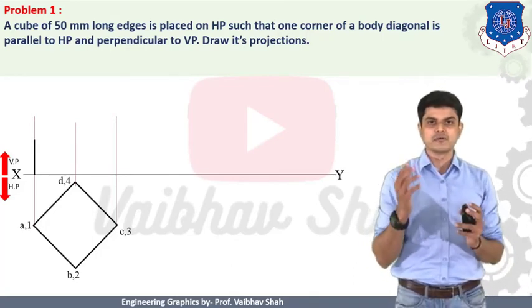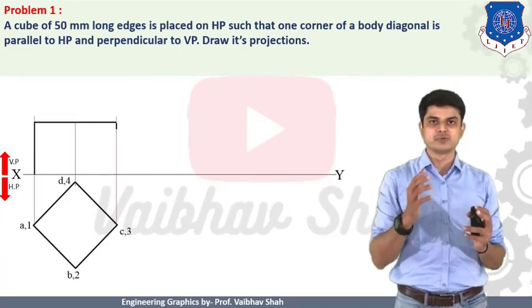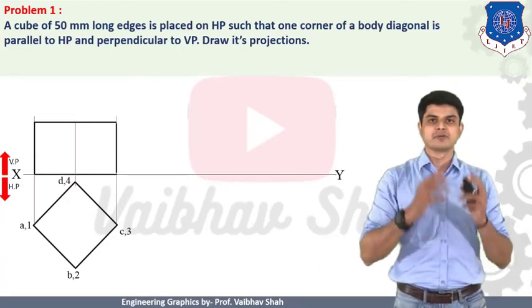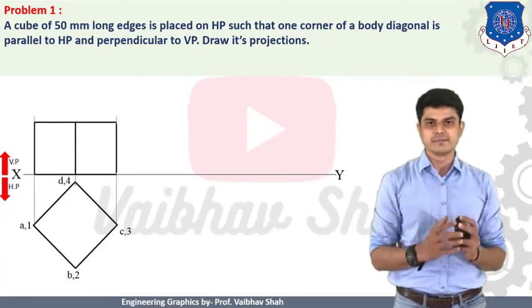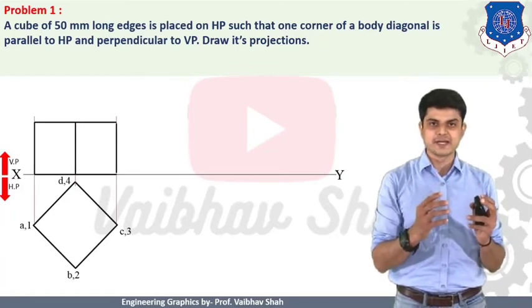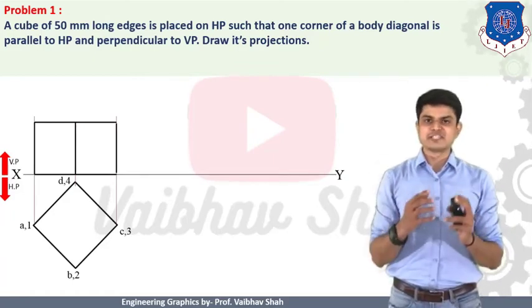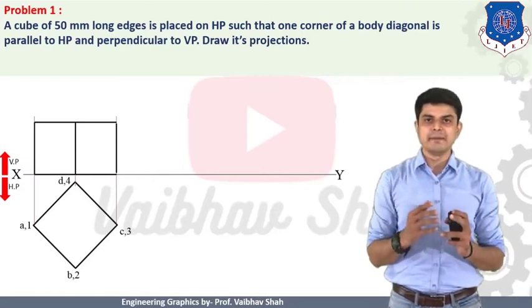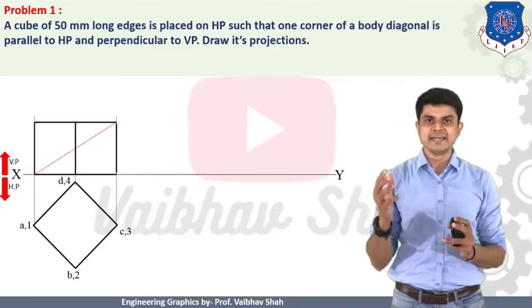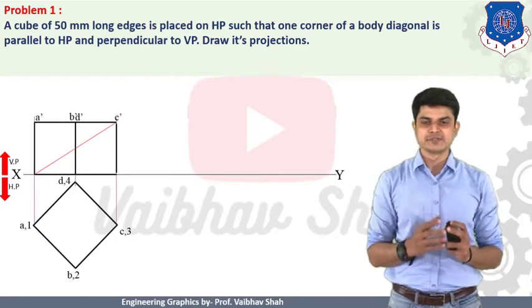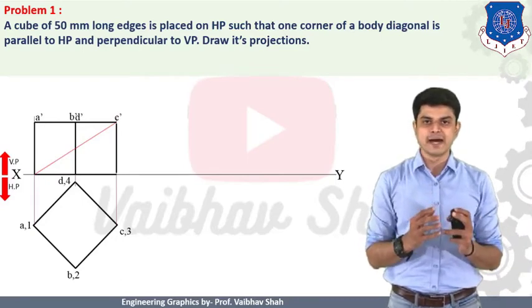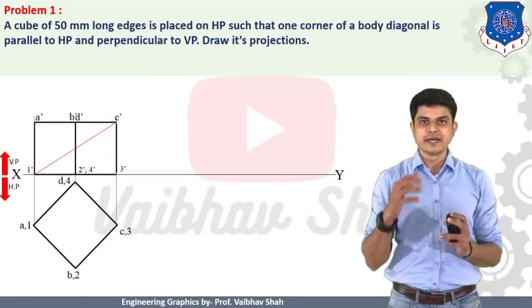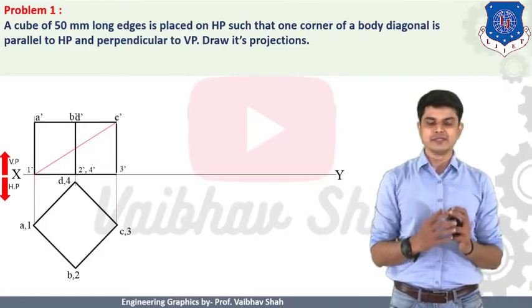So we should draw a vertical line of 50 mm, then we should join these lines in order to have the final view of the cube. Then we should specify it by the numbers. Let us specify the top surface of the cube by A dash, B dash, D dash, and C dash, and the bottom surface of the cube by 1 dash, 2 dash, 4 dash, and 3 dash.